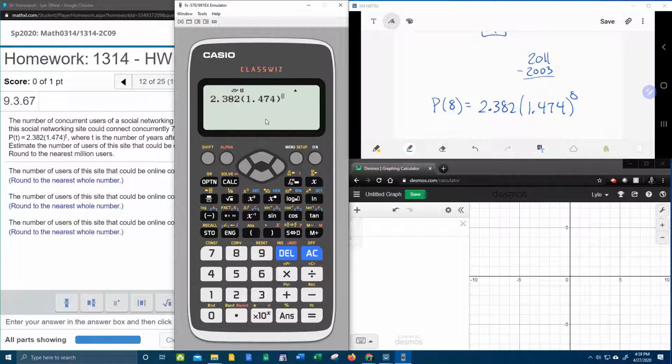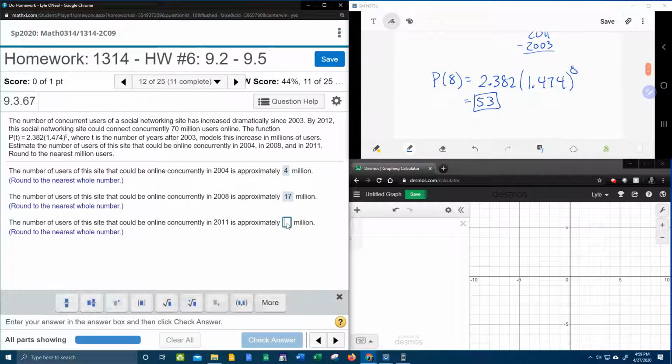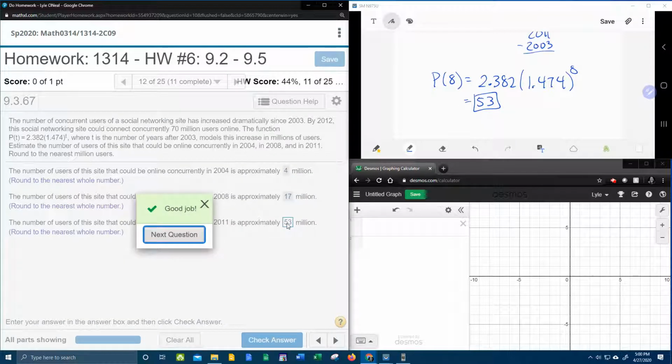So this calculator is freaking sweet. That is going to be 53. There's a 0, so that's going to stay 53. So the answer for 2011, there were 53 million what? Users? 53 million users online.